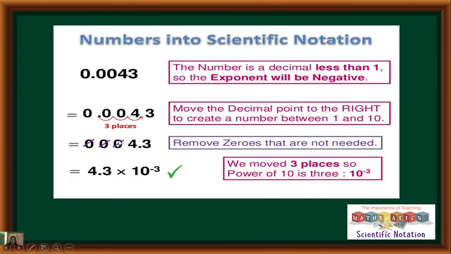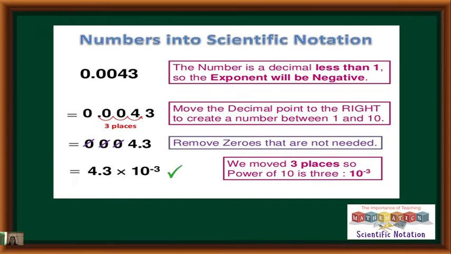Take note, all insignificant digits should be removed. The 3 zeros are insignificant, so they should be removed. Okay, final answer: 4.3 times 10 raised to negative third power.